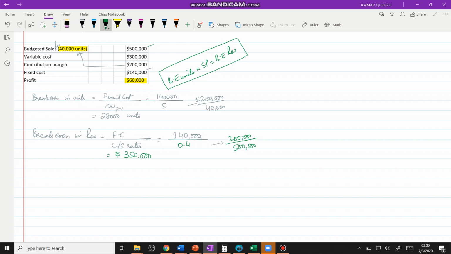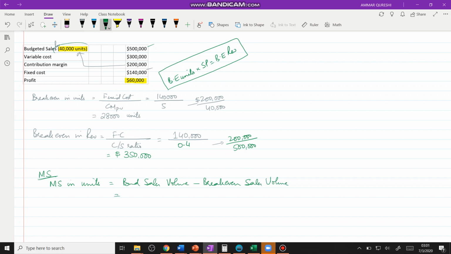Now the next point is to calculate margin of safety. MS is margin of safety. First of all, let's calculate margin of safety in units. And that is what? That is simply budgeted sales. Since we are calculating in units, let's consider budgeted sales volume minus break-even sales volume.